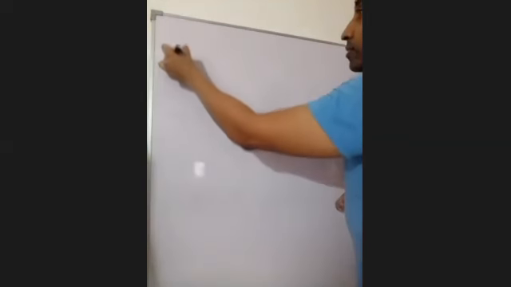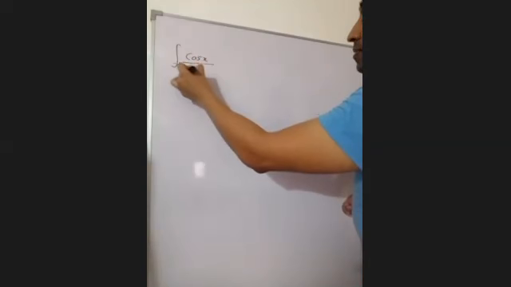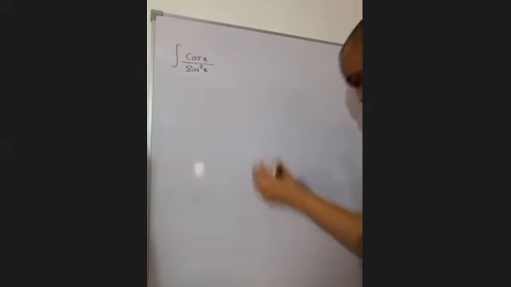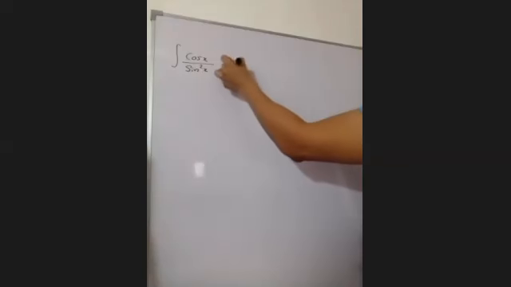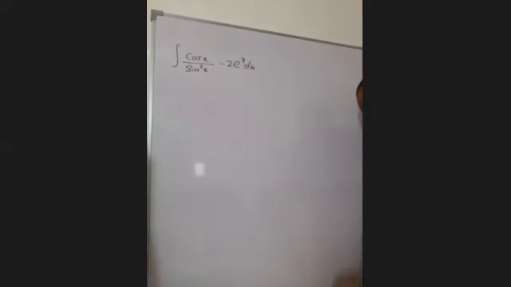The next question is just like this. Cos x over sine squared x, plus 2 e to the power x, dx. When you want to do this integration, there is another extension we need to understand. I will just write it as a theory.